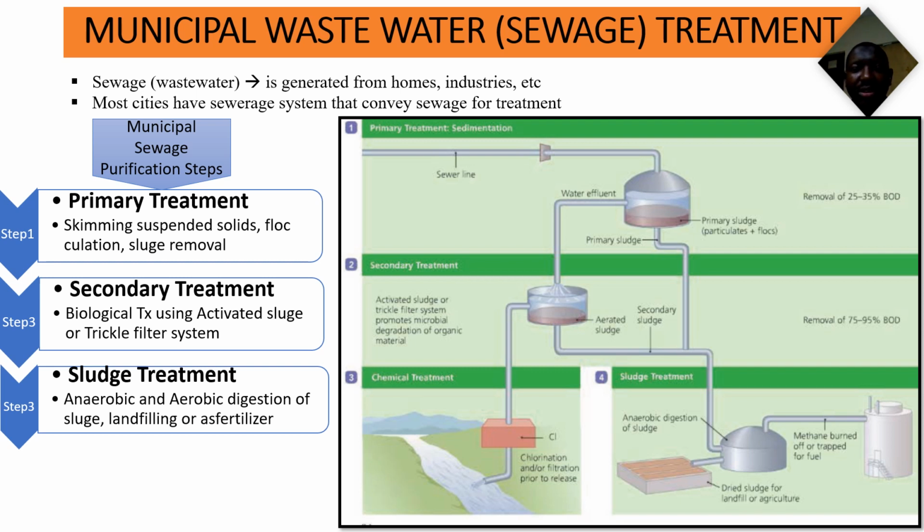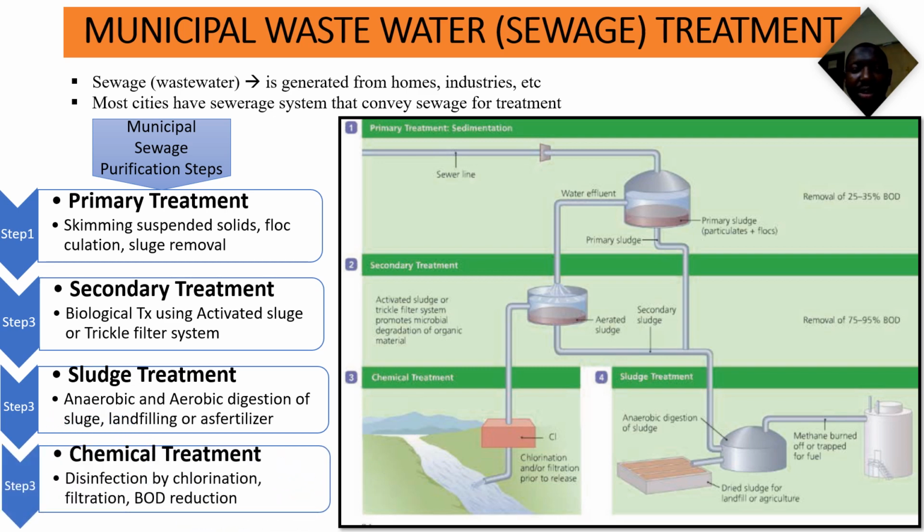Now, the next treatment after the sludge treatment is the final treatment of the clear water collected from the primary and secondary treatment process. And this treatment is called the chemical treatment method.